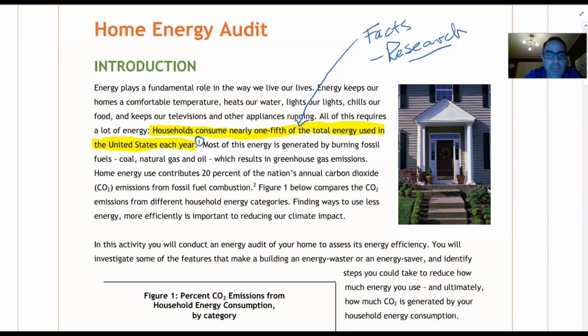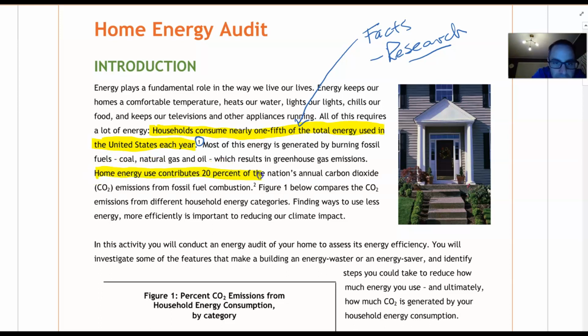Most of this energy is generated by burning fossil fuels, coal, natural gas, and oil, which results in greenhouse gas emissions. And we know that. Home energy use contributes 20% of the nation's annual carbon dioxide CO2 emissions from fossil fuel combustion. So there's another fact.